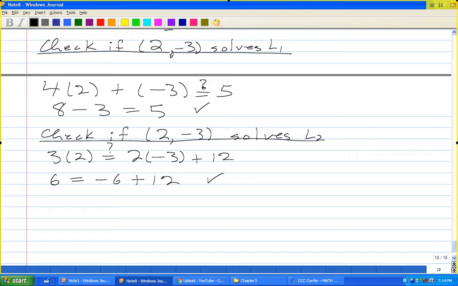Yes. And so the unique solution is 2, negative 3.